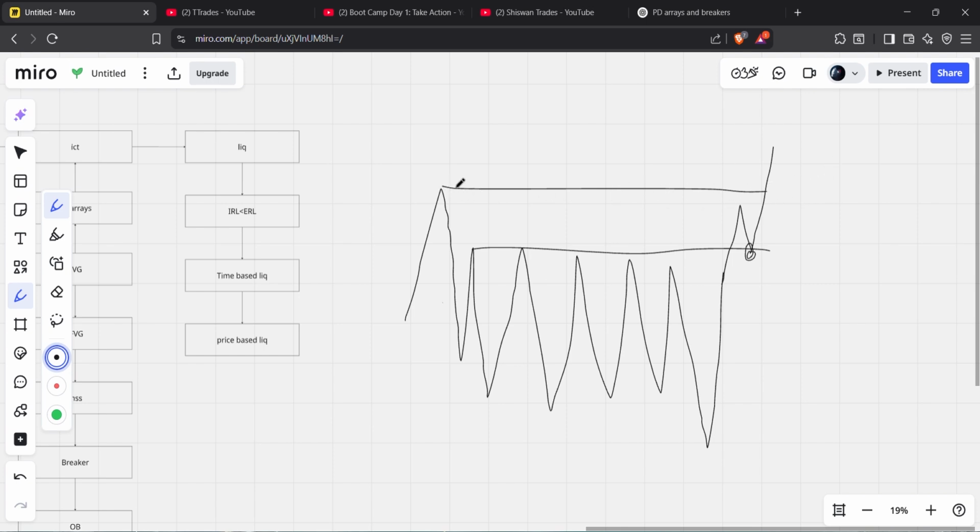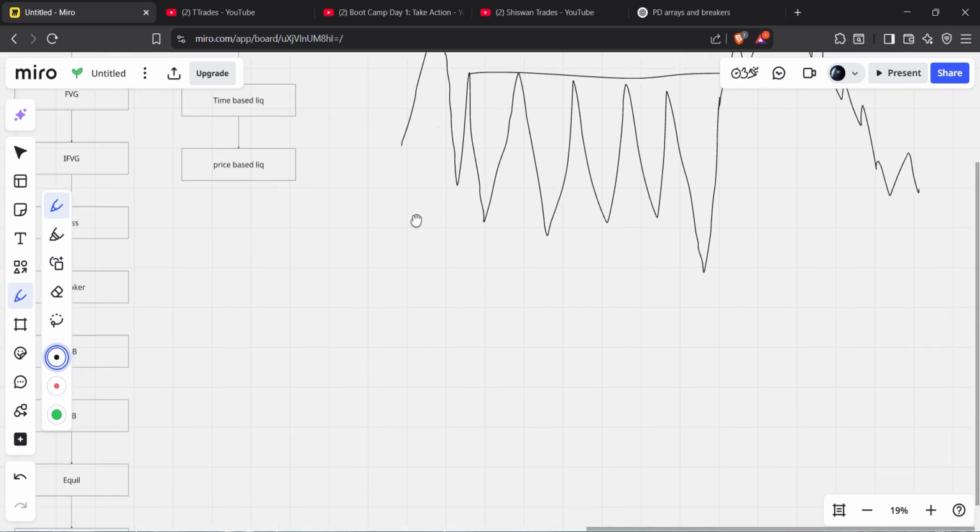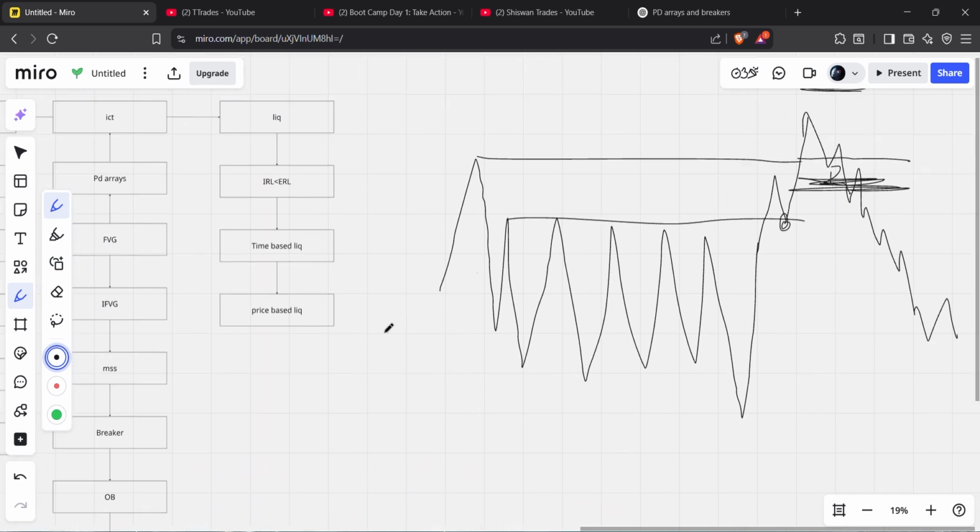Those are limit orders. Retailers enter here, setting a stop loss 10, 20 points away or whatever, with entries here. The market is just going to sweep that high, take them out, and keep continuing down. So that's liquidity.